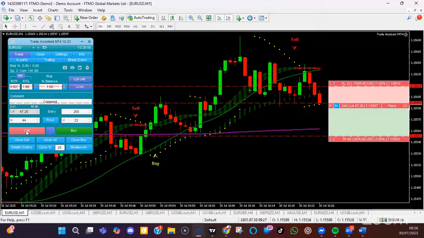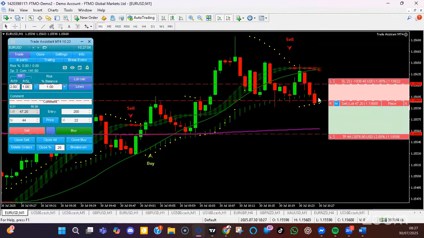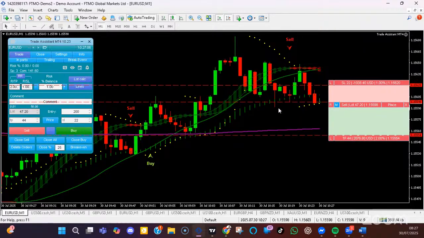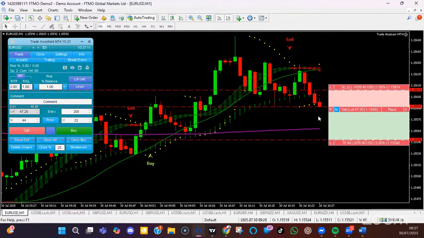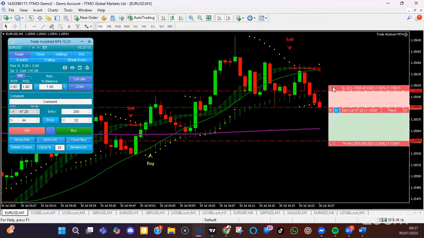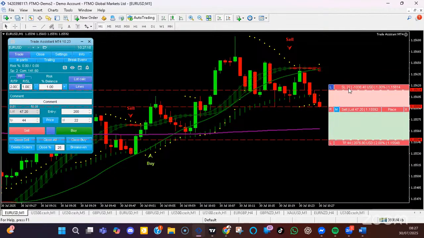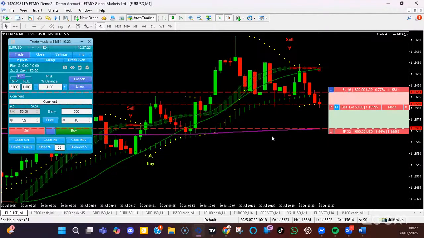Got a red volume ribbon. Just a small red wave happening now. If that comes down and pushes parallels off up there, I want my stop loss there, just above the wave.